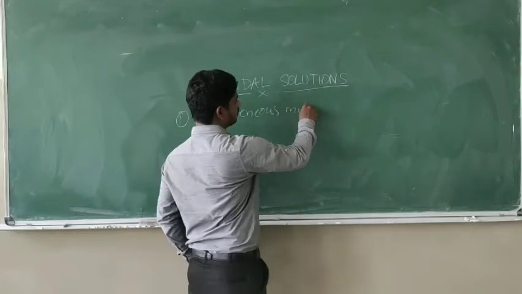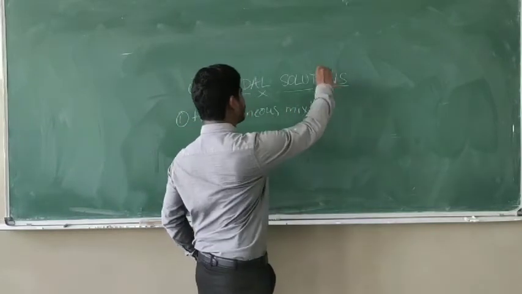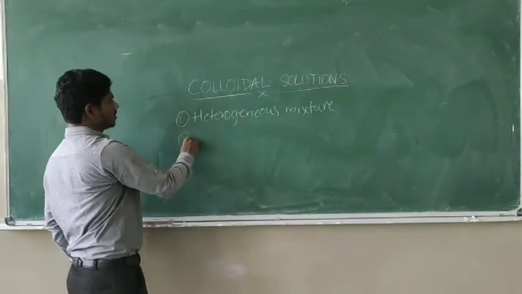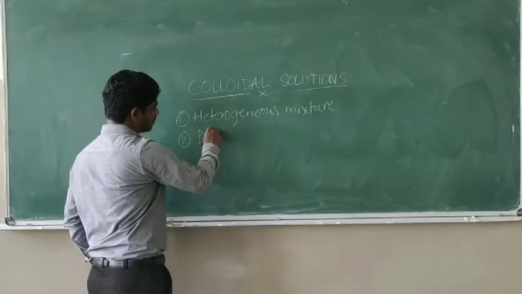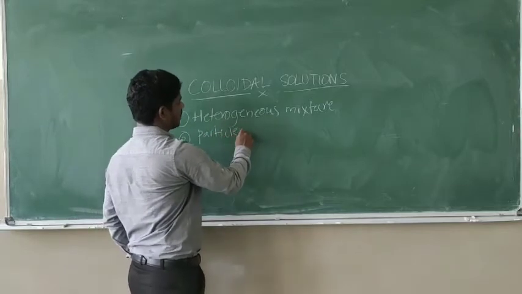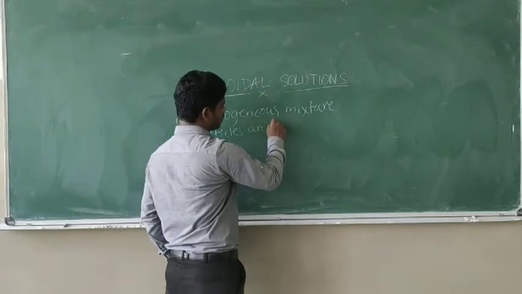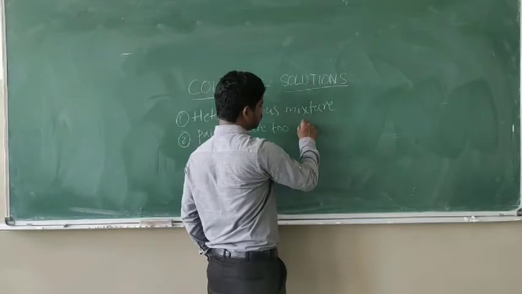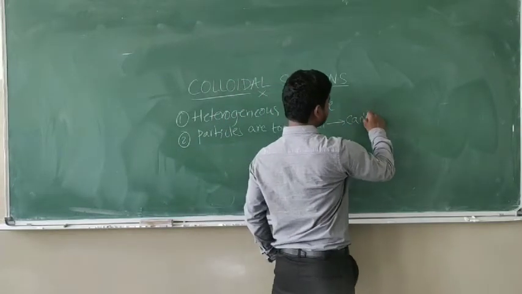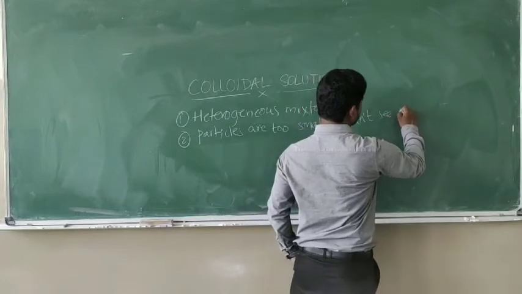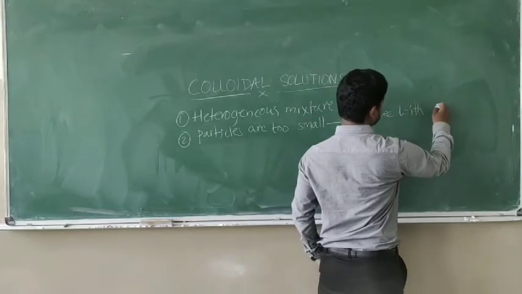That means the composition is not uniform throughout the mixture. Second, you cannot see the particles of the colloidal solutions with your naked eyes. They are too small, so you cannot see them with naked eyes.